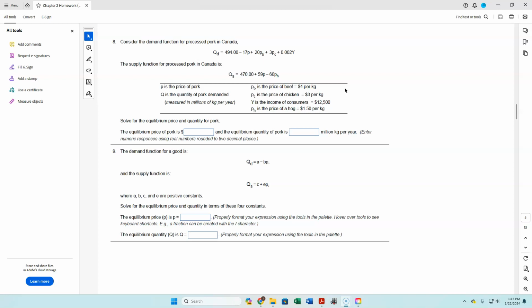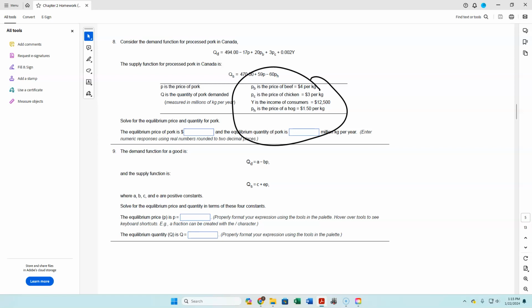So the idea here is you're going to substitute in these relevant prices into your demand function and supply function. And then you're simply going to solve for equilibrium price and solve for equilibrium quantity. That's all you really need to do here.